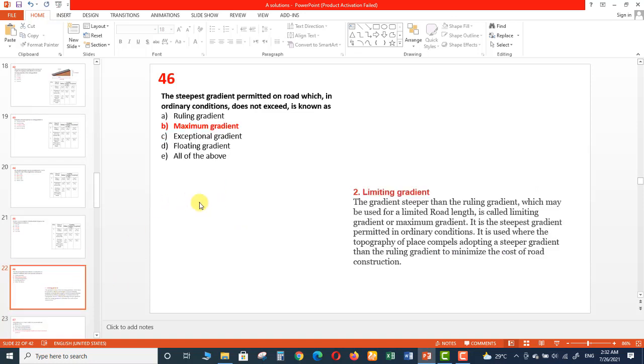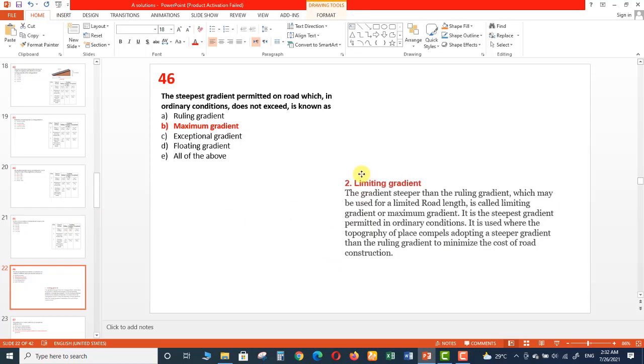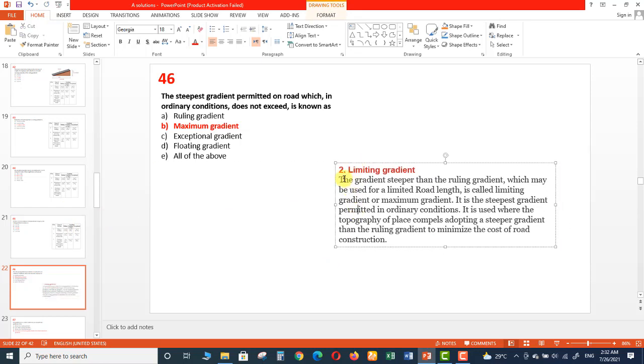For question number 46: the steepest gradient permitted on a road which in ordinary condition does not exceed is known as: rolling gradient, maximum gradient, exceptional gradient, floating gradient, or all of the above. As we have discussed and studied the different types of gradients in the first slide of this video, I have taken that definition here. Let's read it.